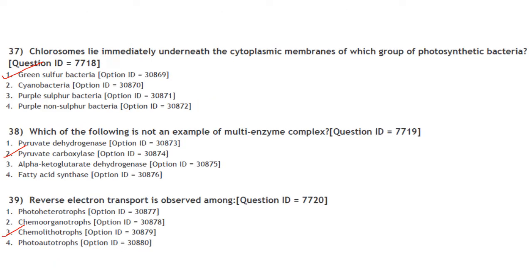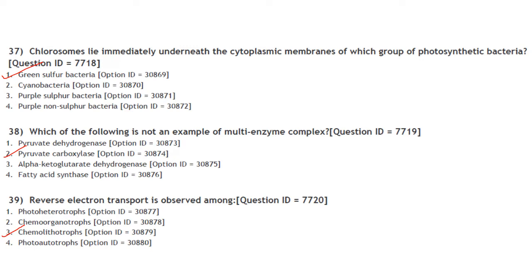Then chlorosomes lie immediately underneath the cytoplasmic membrane of which group of photosynthetic bacteria? So chlorosomes are photosynthetic light harvesting complexes and they are found immediately underneath the cytoplasmic membrane in the case of green sulfur bacteria. Answer is option 1.